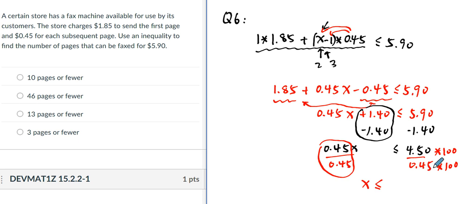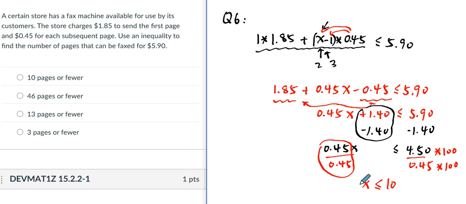We have 10. Okay, 10 pages. So that's the solution there. So 10 is greater than or equal to x. So you can do 10 pages or less.